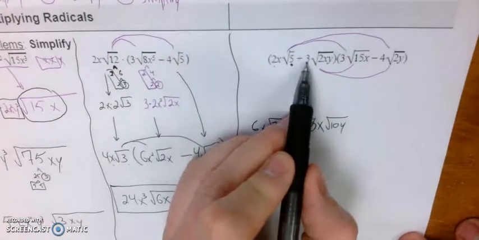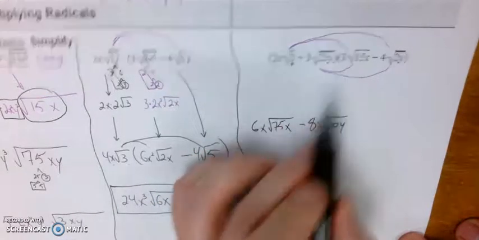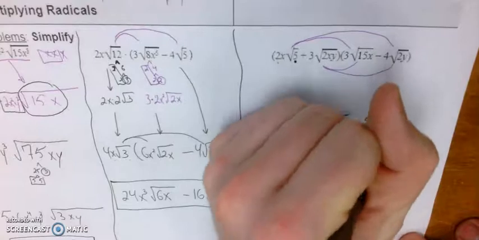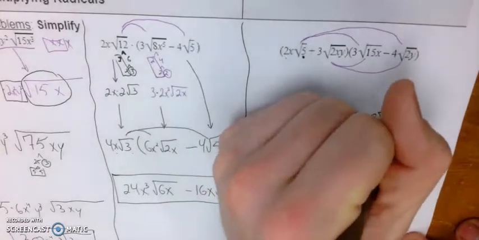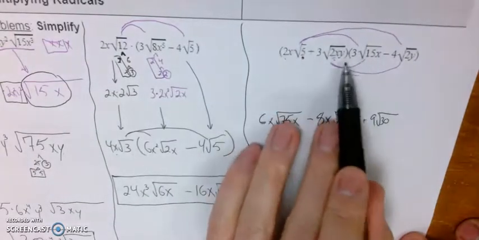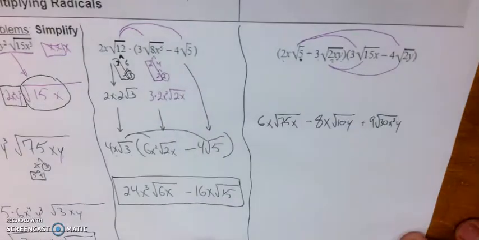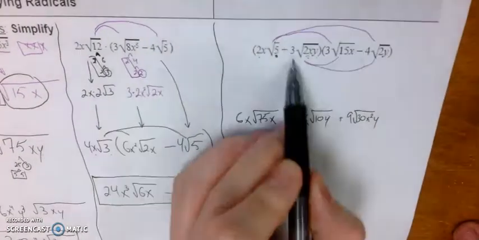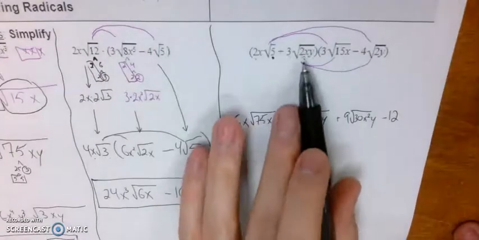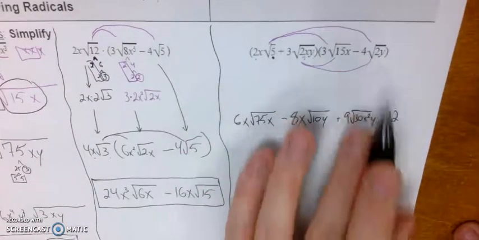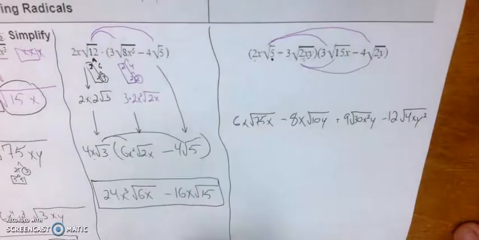Now onto this one. 3 times 3, if I multiplied this second term here with the first term here, is a 9 on the outside. 2 times 15 is 30. Xy times x would be x squared y. And last one, 3 times a negative 4 is a negative 12. And underneath the radical, 2xy times 2y is 4xy squared.